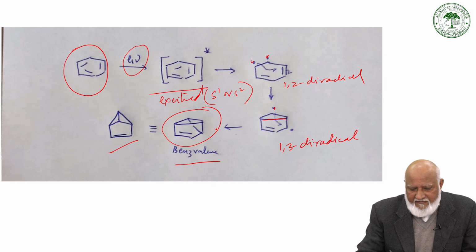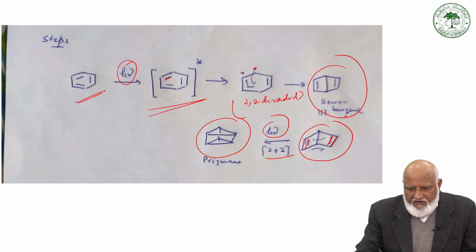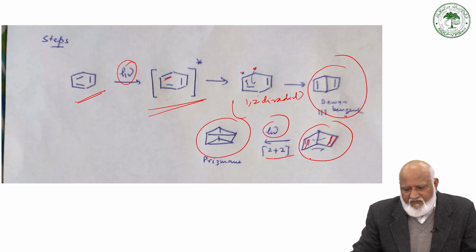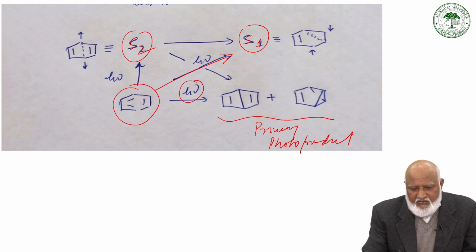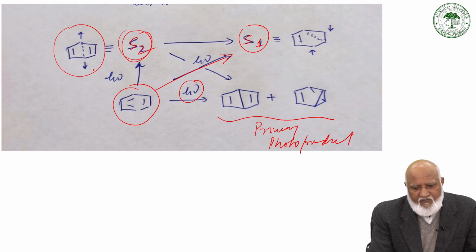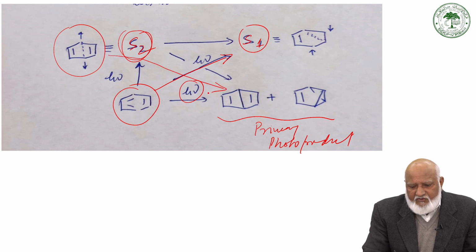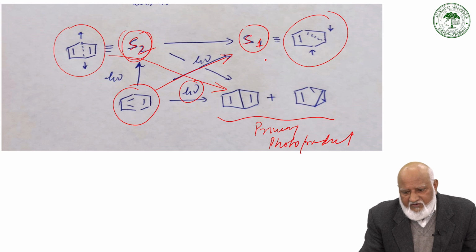As we can see, benzvalene is originating from a 1,3 diradical species, whereas Dewar benzene is originating from a 1,2 diradical. That's why in this scheme it has been shown that S2, which can lead to a 1,4 diradical, can lead to the formation of Dewar benzene, whereas the 1,3 diradical is coming via the S1 state.